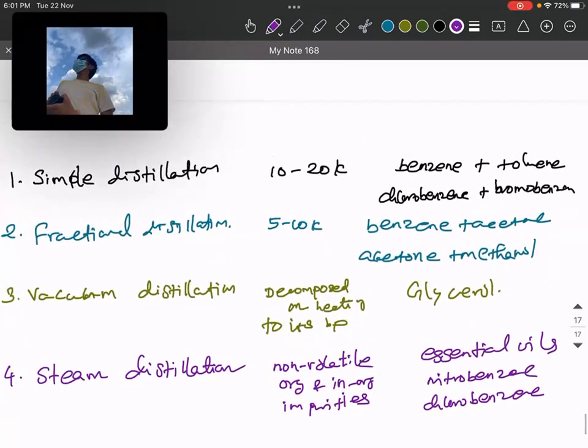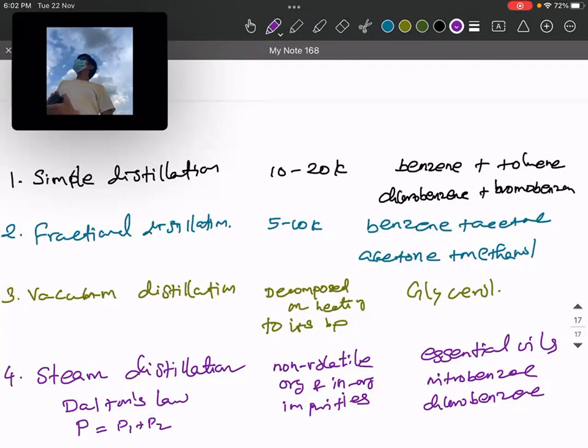So the principle of normal steam distillation is based on Dalton's law of partial pressures. The total pressure, which becomes atmospheric pressure, is P1 plus P2. One is the vapor pressure of water, two is the vapor pressure of your organic liquid.